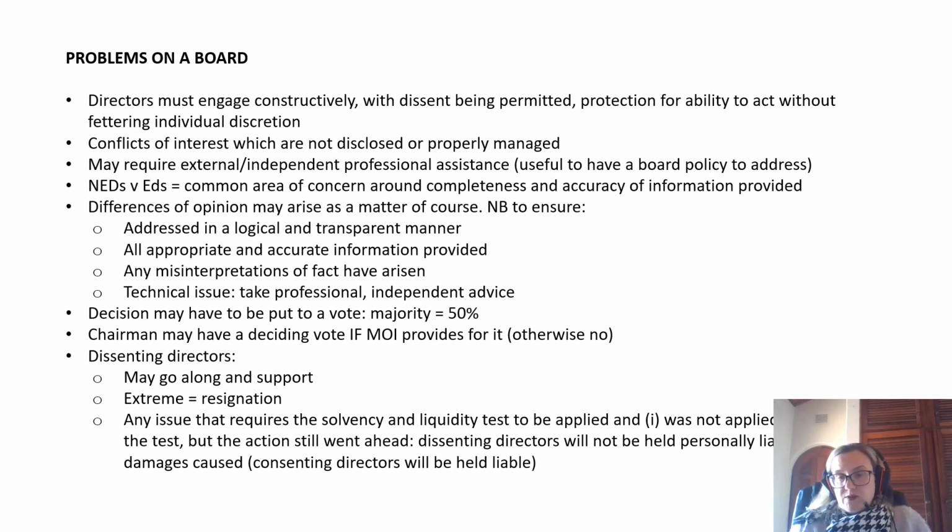We need to make sure that all the appropriate and accurate information is provided. It doesn't help if we're trying to make a decision based on bad information and we dissent over that. We need to make sure that there is no misinterpretation that has happened. So we're not making a decision based on an incorrect assumption.